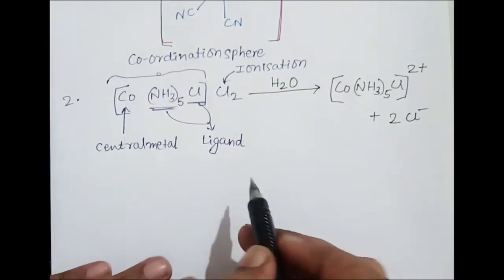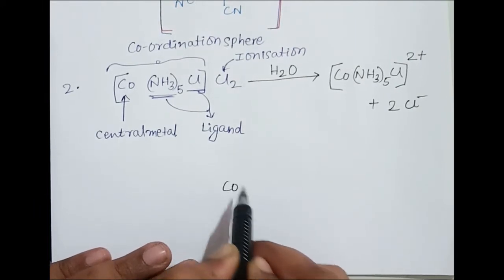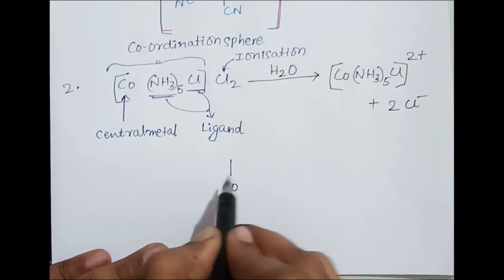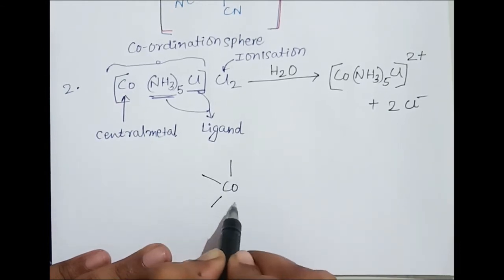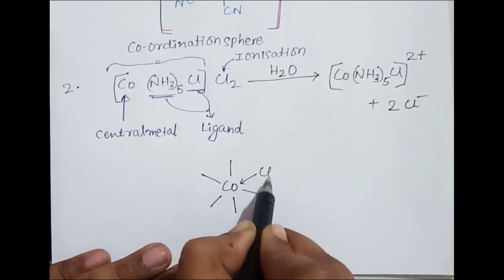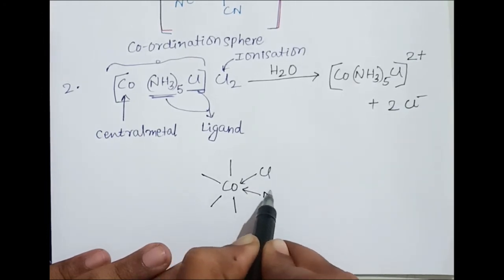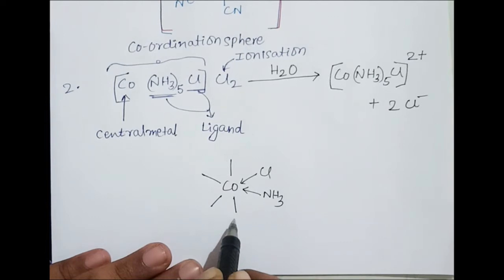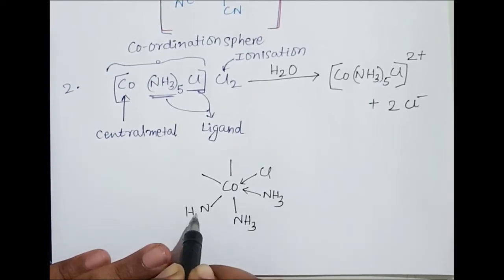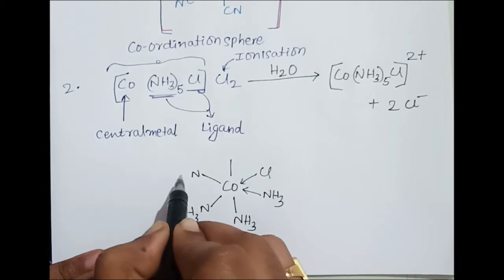If you want, you can draw the structure also. Cobalt is surrounded by 5 ammonia groups and 1 Cl group. They all are forming coordinate bonds, and they all are donating one pair. So 1 chlorine and 5 NH3 groups, right?